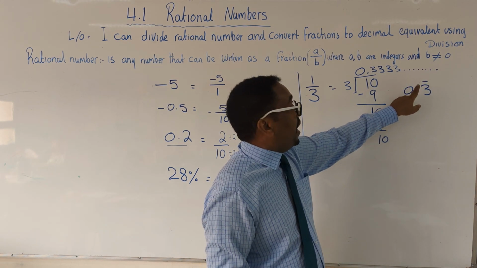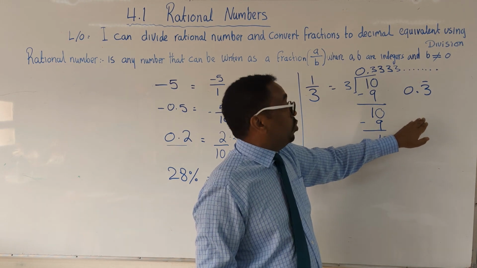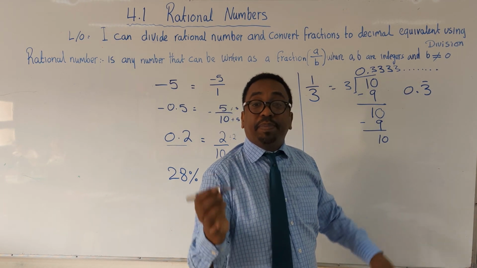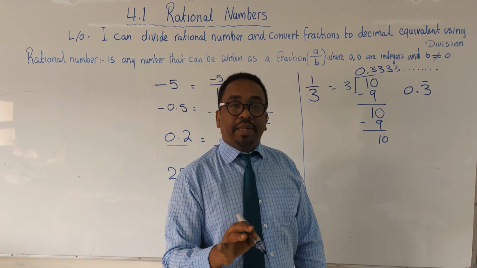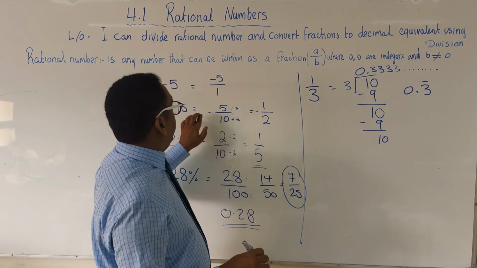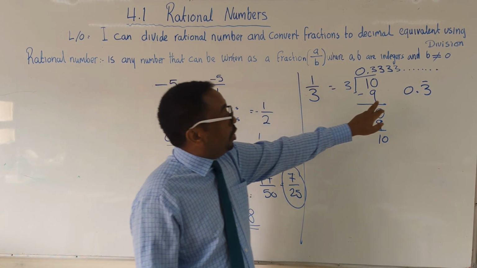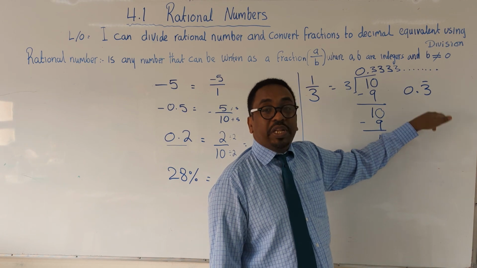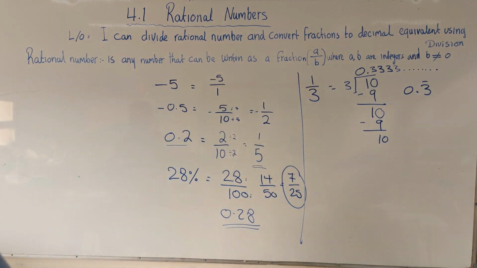So as long as you see that little line or dot on top, it should remind you this decimal is a repeating decimal. It's not terminating. Terminating means it will just stop, like this one. But repeating will keep going on and on and on. Does that make sense? You guys get that?